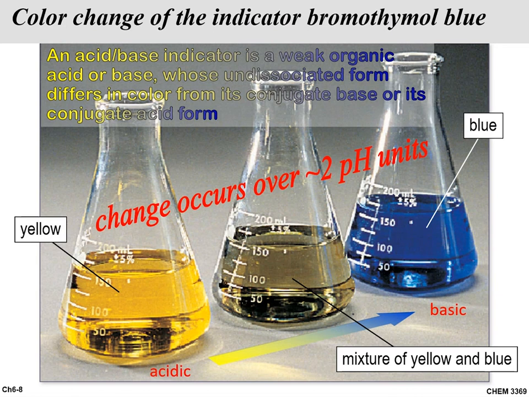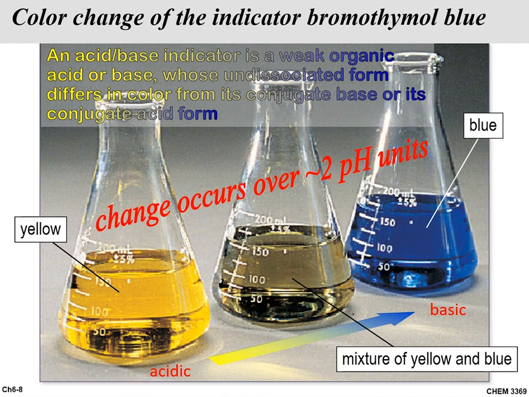This solution is yellow in acidic solution, and in basic solution it turns blue. And that color change will occur over 2 pH units. So that will depend on the acid dissociation constant, the Ka or pKa, and we will go to this a little bit down the road.